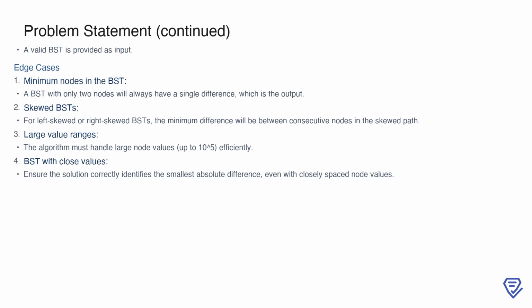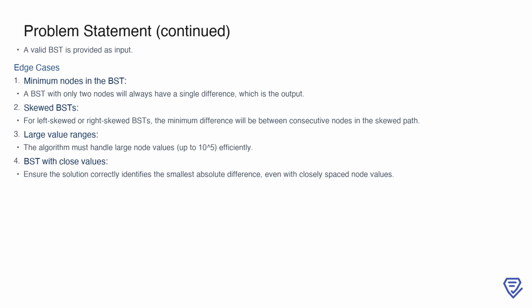In summary, the problem guarantees that the input is always a valid BST. However, there are specific edge cases to consider. First, when the BST contains only two nodes, the solution must return the absolute difference between their values, as it's the only pair available. Second, in skewed BSTs, where all nodes are aligned to the left or right, the smallest difference will always occur between consecutive nodes in the skew.